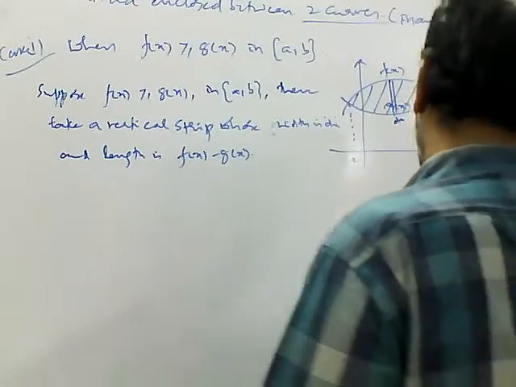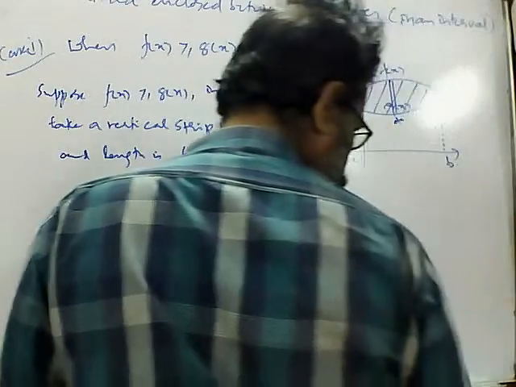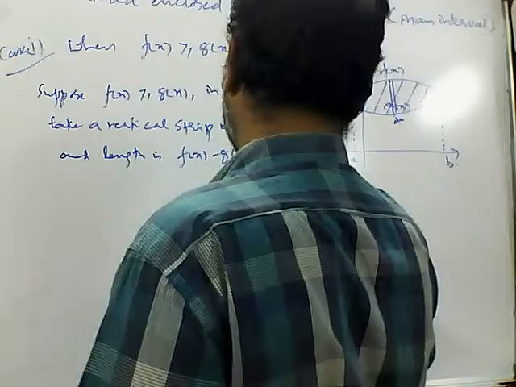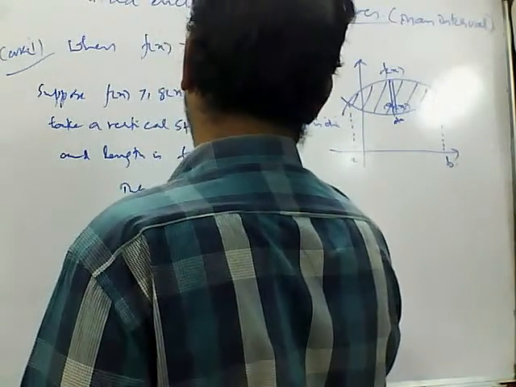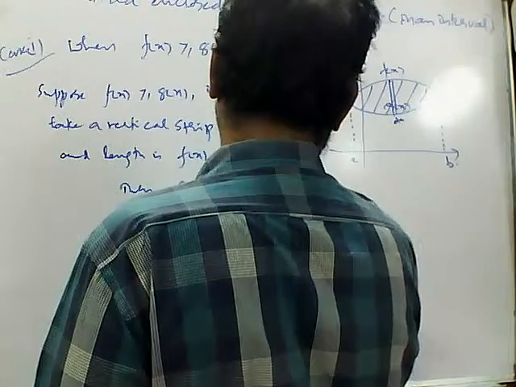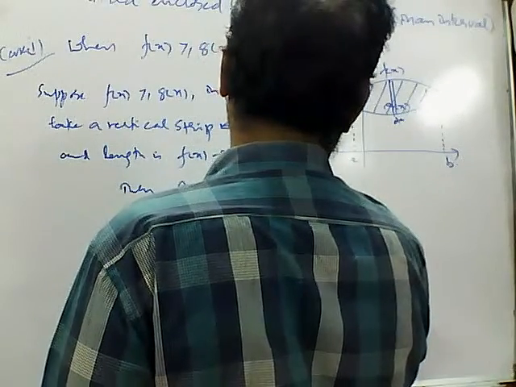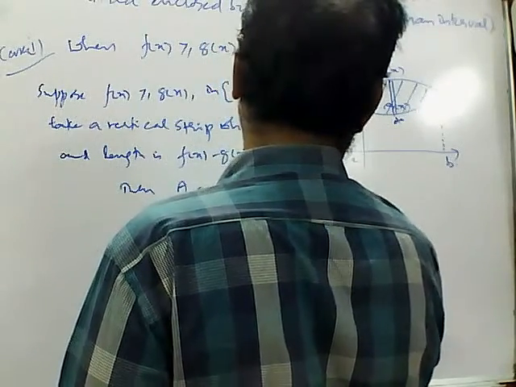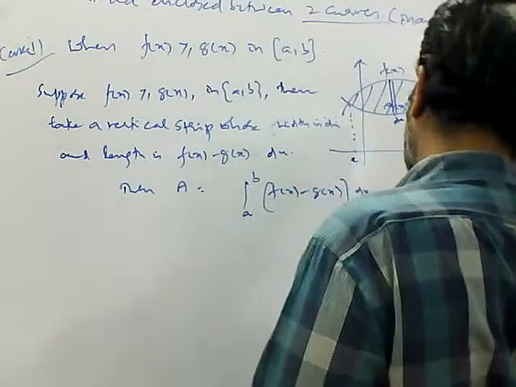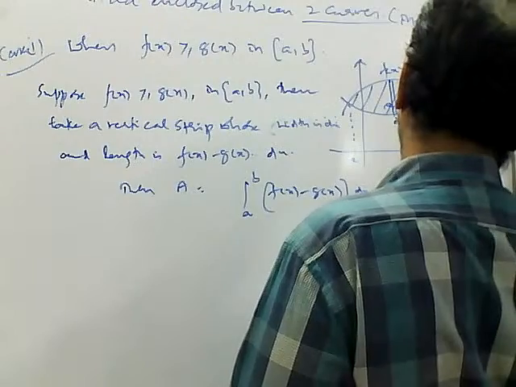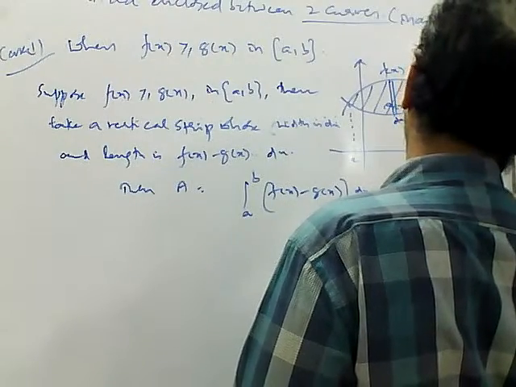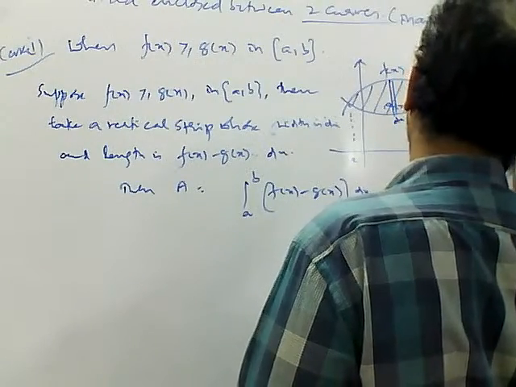Then this area will automatically come. Then area is equal to integral a to b f of x minus g of x dx, that is equal to integral a to b f of x dx minus integral a to b g of x dx.